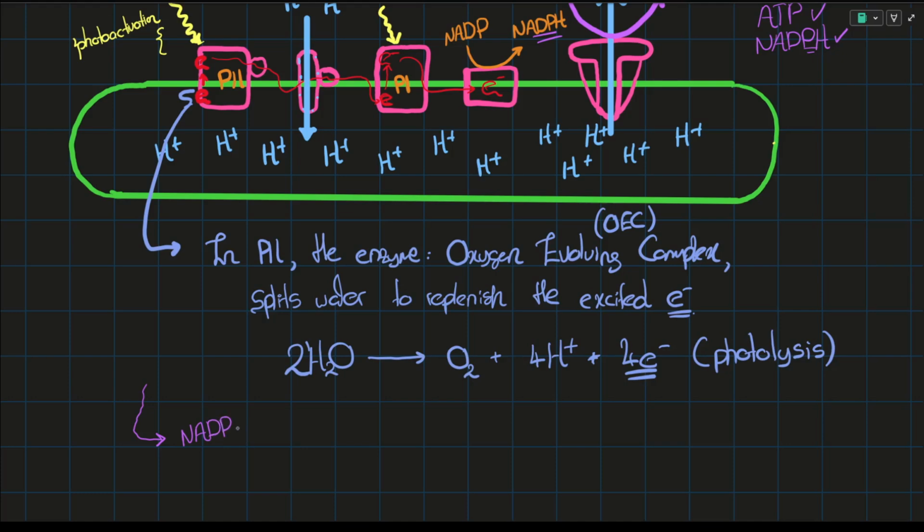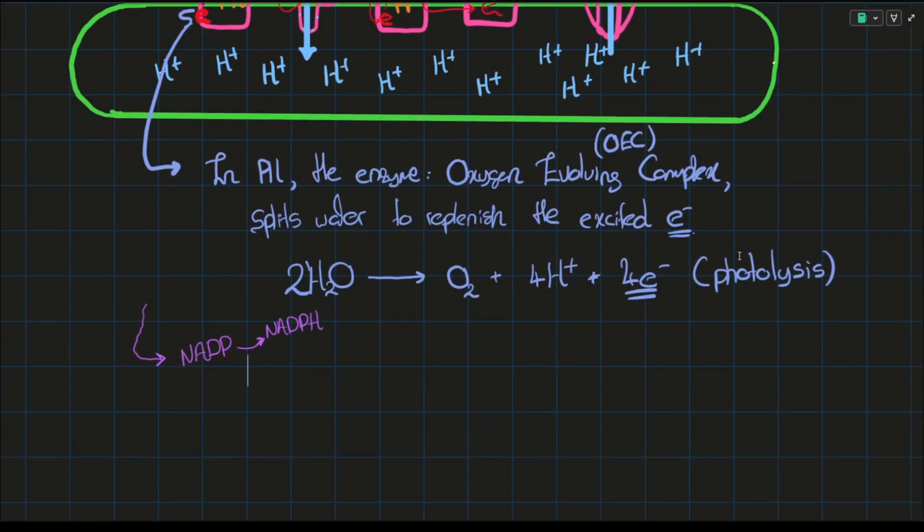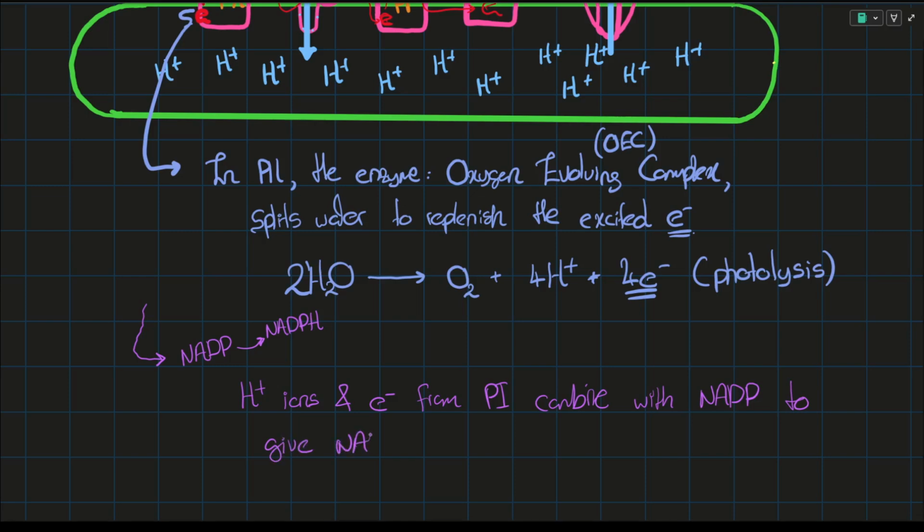Okay, let me talk about this conversion a little bit. So we've got NADP converting to NADPH, like so. Now, H plus ions, so protons and electrons from photosystem 1 combine with NADP to give NADPH.